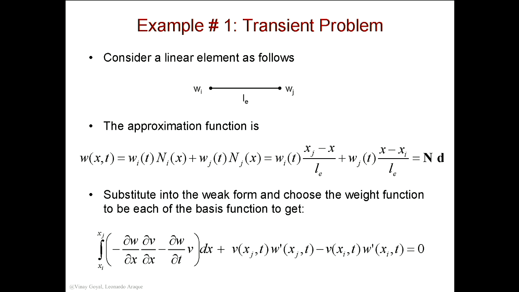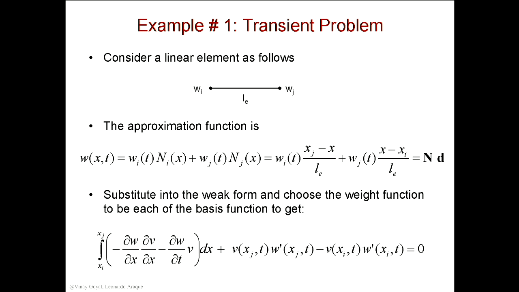I could have done that, and you know how to do that because the homework was due today, wasn't it? So let's take the approximation function, which is a function of time and x, the spatial domain. Remember before I just had wi ni(x) plus wj nj(x) with no time in there?